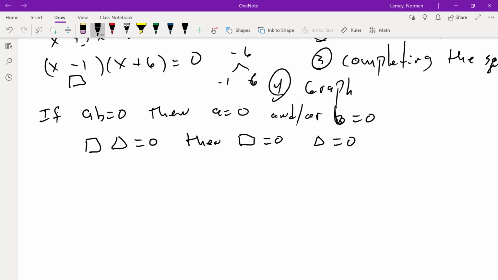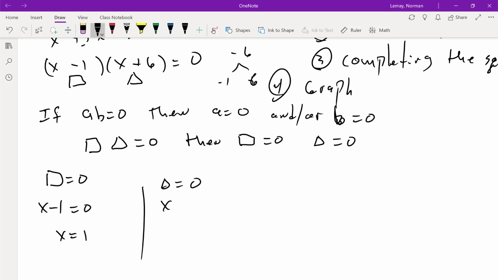So in this case, here's square and here's triangle. So square equals 0 means that x minus 1 equals 0, so x equals 1. And this says that triangle equals 0, so x plus 6 equals 0, so x equals negative 6.